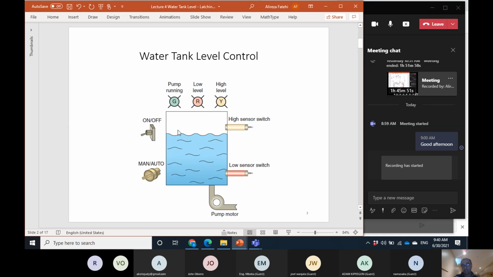We have a tank that we assume has some inlet pipe that fills the tank. It is not indicated in the figure, but there's a pump to discharge the water from the tank.